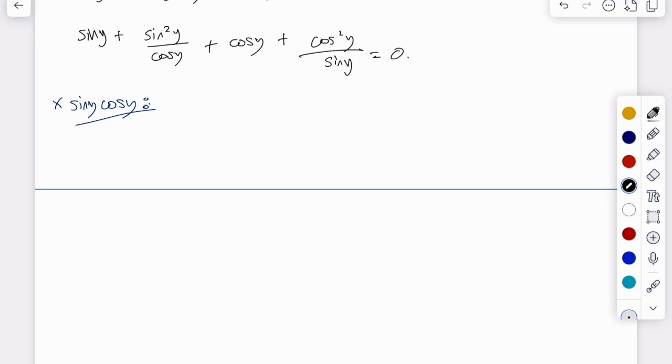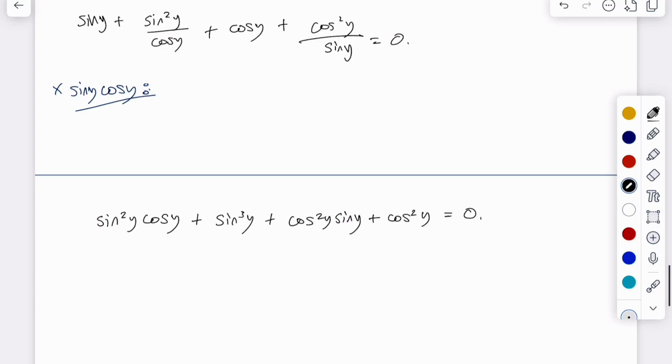Well, what we get is sine squared y cos y, plus sine cubed y, plus cos squared y sine y, plus cos squared y is equal to 0.